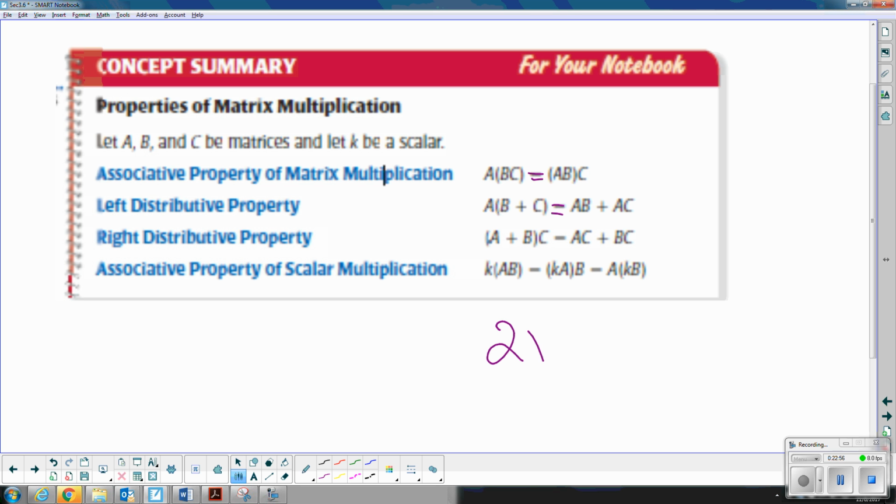Like a 2x3 matrix, you can multiply that by a 3x4 matrix. But you cannot multiply a 3x4 matrix by a 2x3. So we do not have the commutative property here with matrices. So we have a left distributive property and a right distributive property.